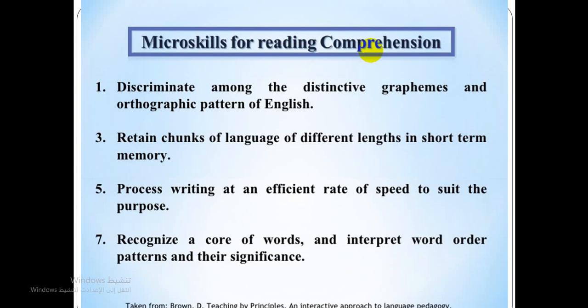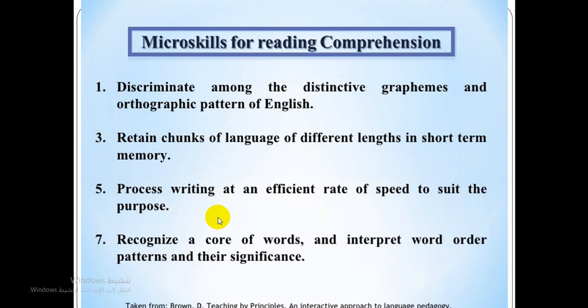English students should discriminate among the distinctive graphemes and orthographic patterns of English. They should retain chunks of language of different length in short-term memory. Also, they should process writing at an efficient rate of speed to suit the purpose.